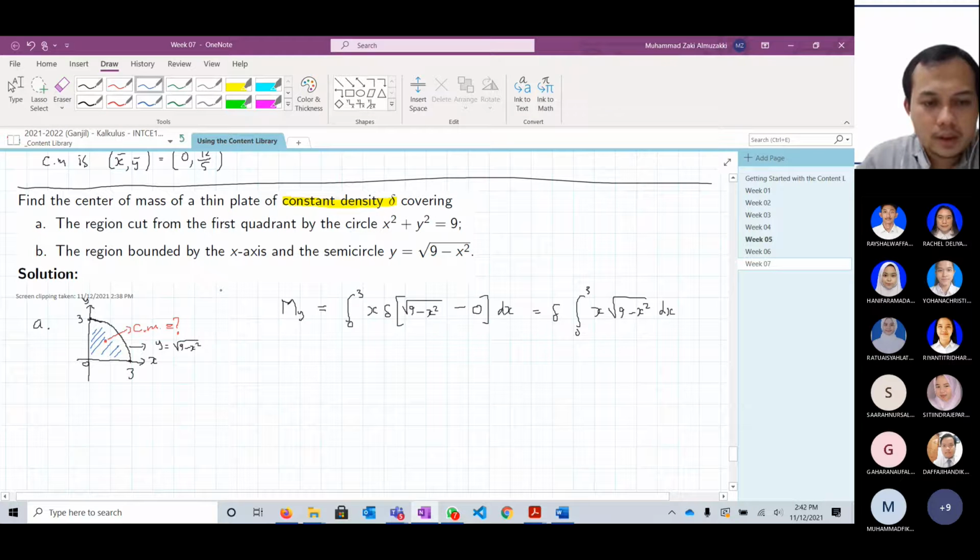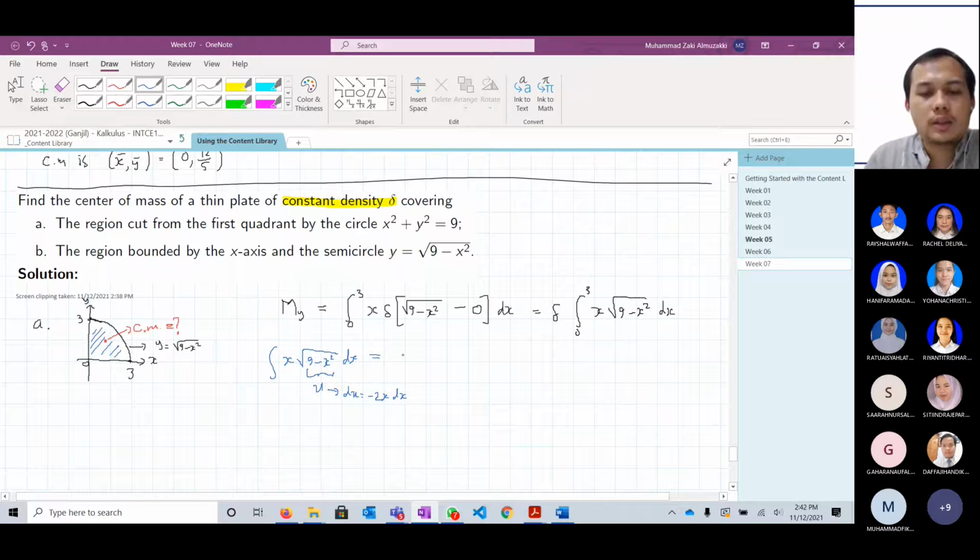For this problem, we try to integrate x square root of 9 minus x squared dx first. Yeah. So let's say here u equals 9 minus x squared, then we have that du is minus 2x dx.